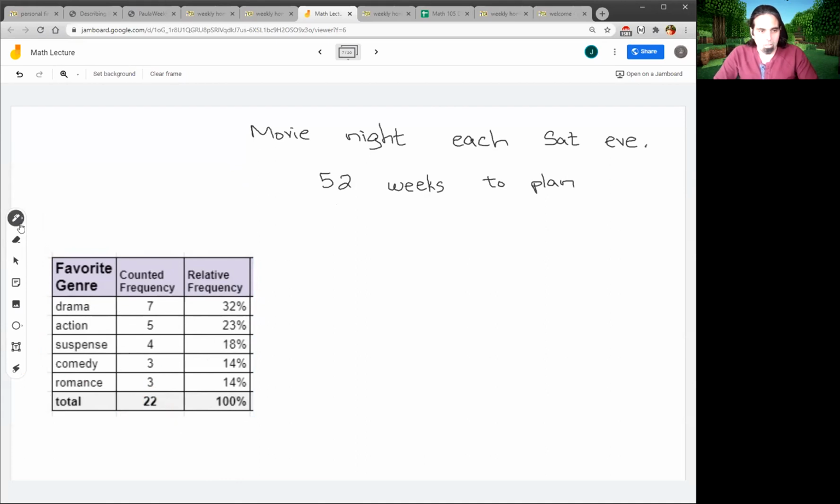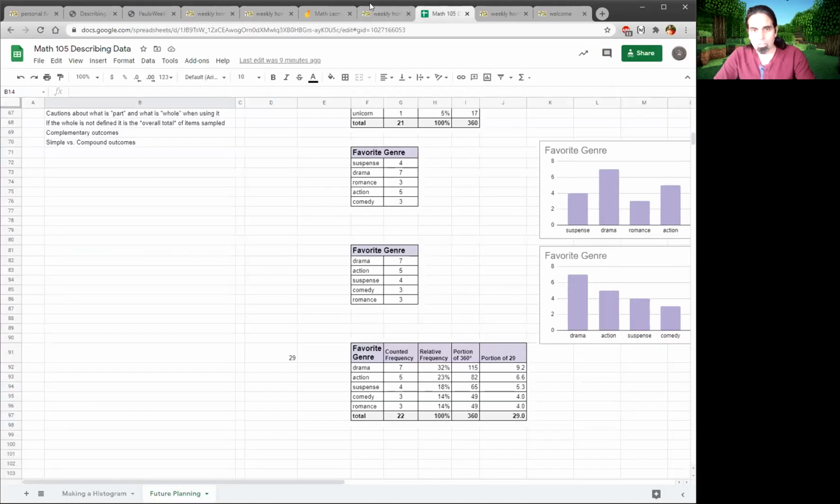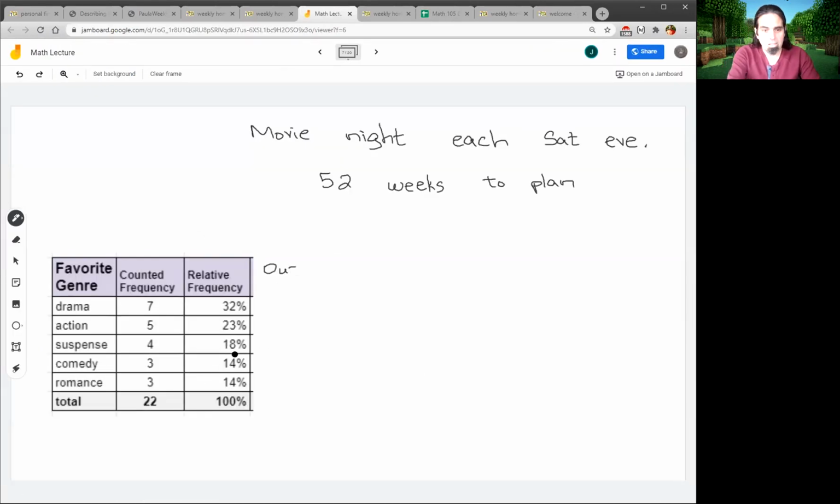So we want a new section that is out of 52, right? What am I calling it over here? A portion of 52. So I'm going to take these relative frequencies. Anyone need a review on how we got them?